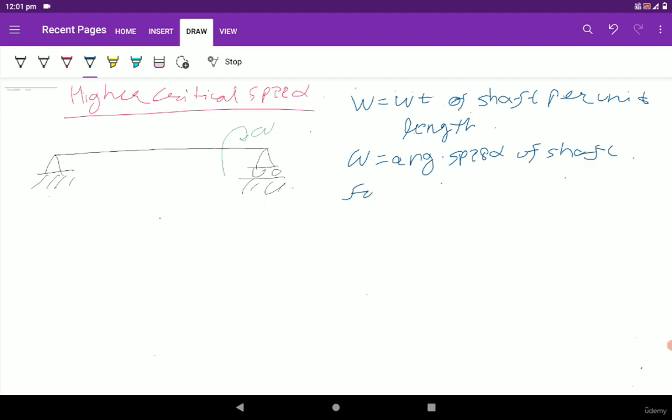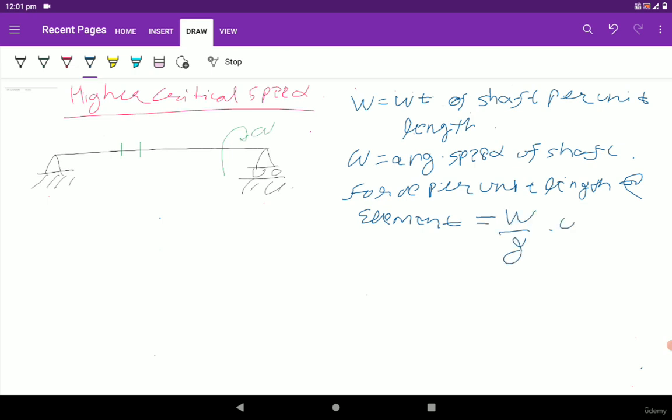So force per unit length at a taken element. Suppose we are going to take some element here, so at the element it is equal to W by g dot y dot omega square.